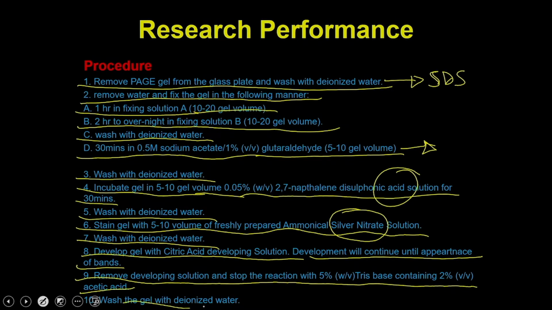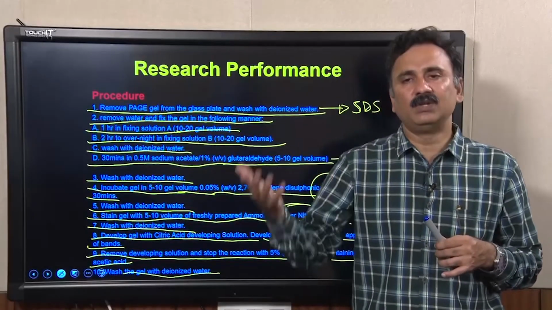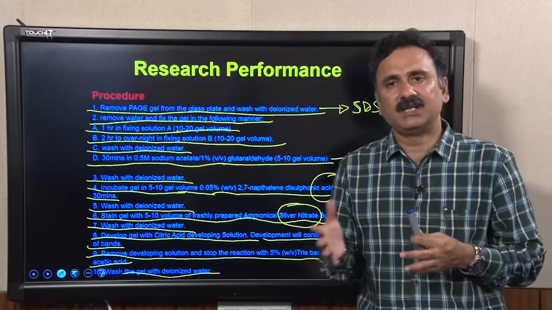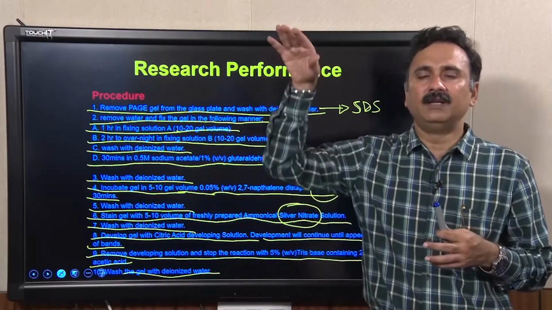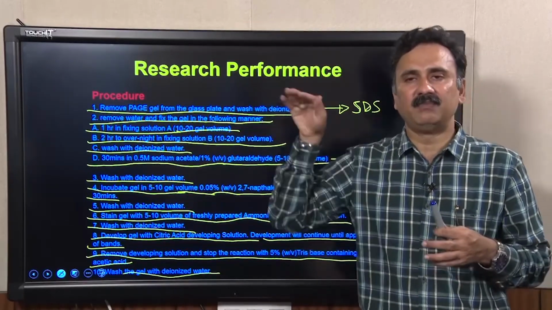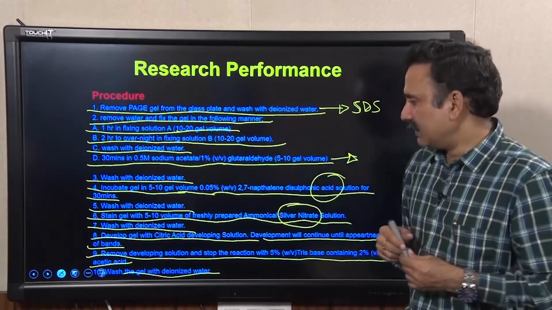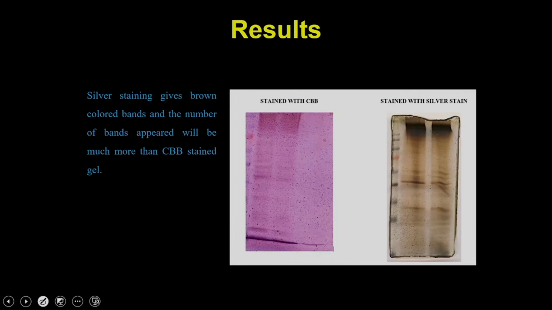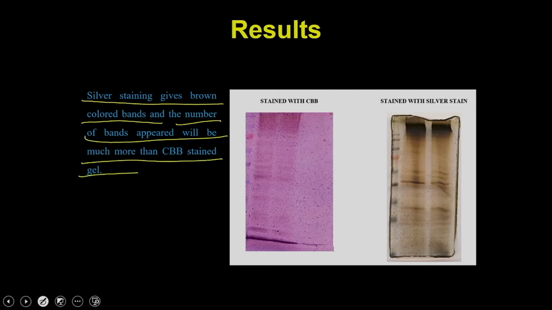Ultimately, you wash the gel with deionized water, and you can do the imaging of this gel to analyze the image, and then you will be able to know whether the band of your interest is appearing. The result you are going to get is very simple. The silver staining gives brown color bands, and the number of bands appearing will be much more than in the Coomassie Brilliant Blue stained gel.